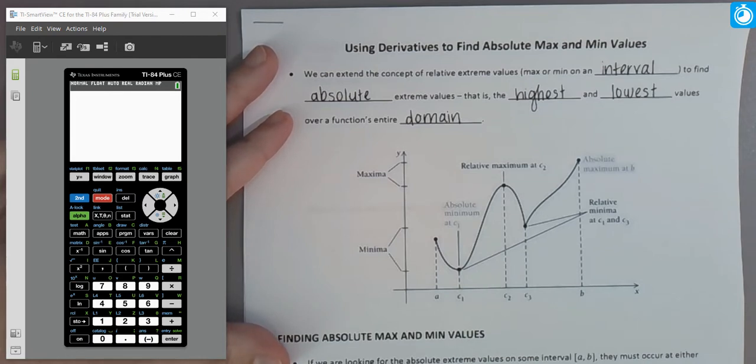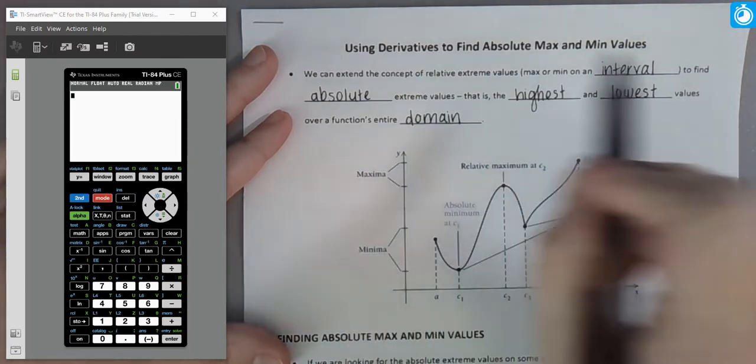So we know that those locations are going to occur anywhere we have a critical value. In other words, if we take the first derivative of our function, find the values of x that would make that derivative equal to 0, well, those particular values of x are associated with critical values. Those are the locations where we possibly can find one of these peaks or valleys.